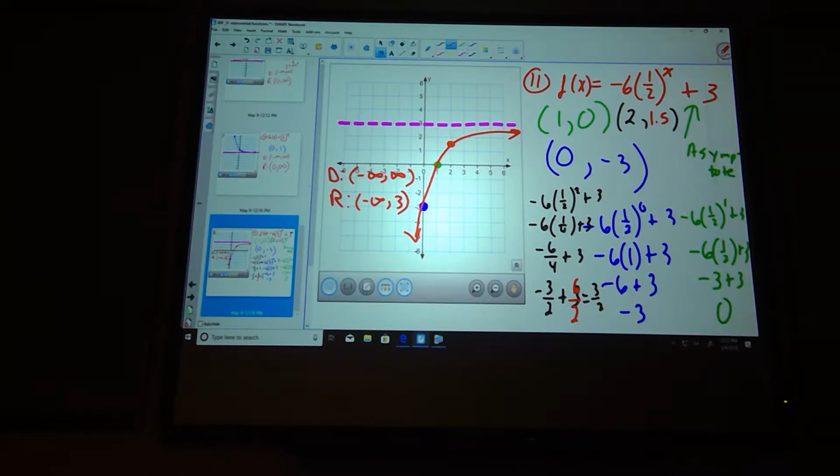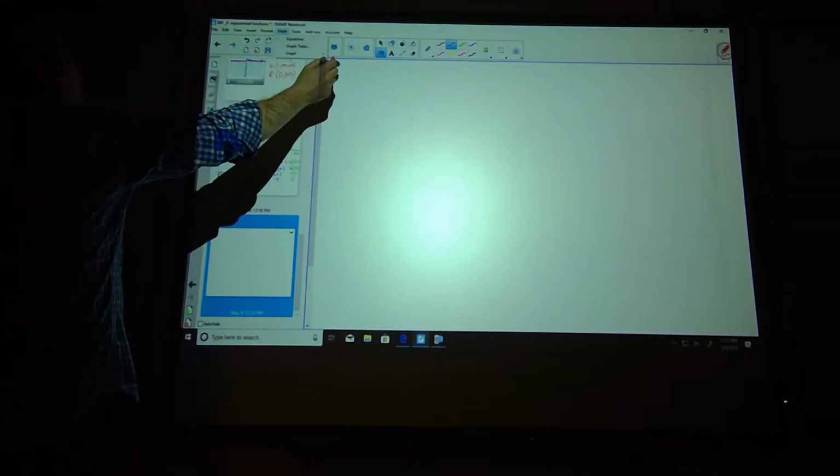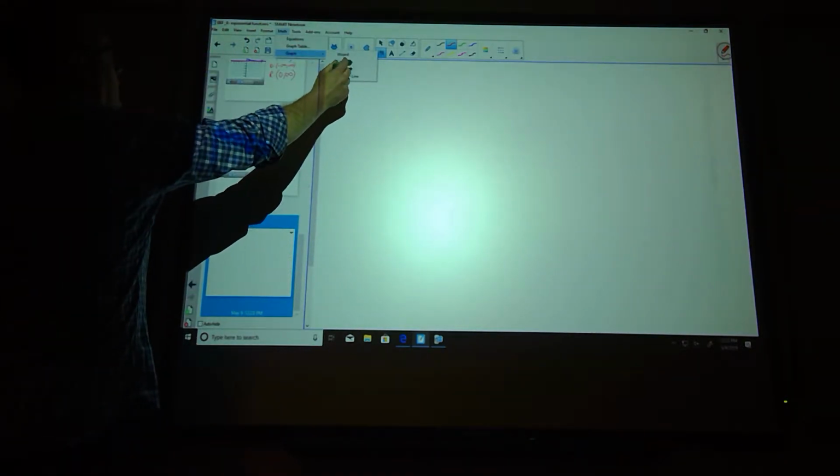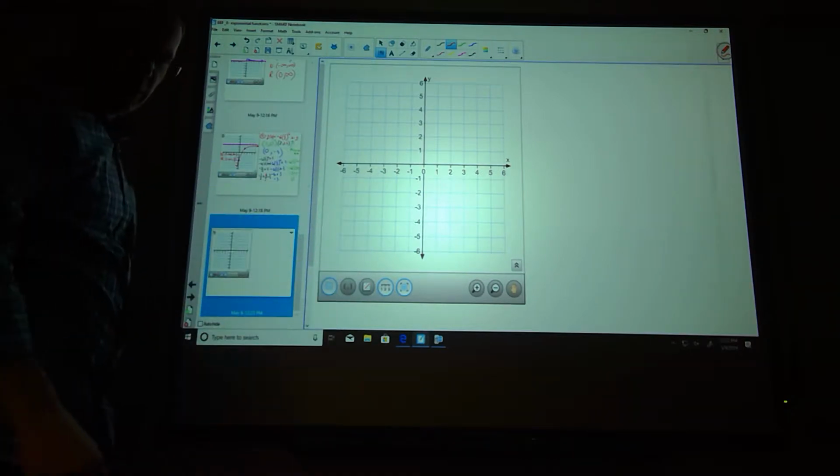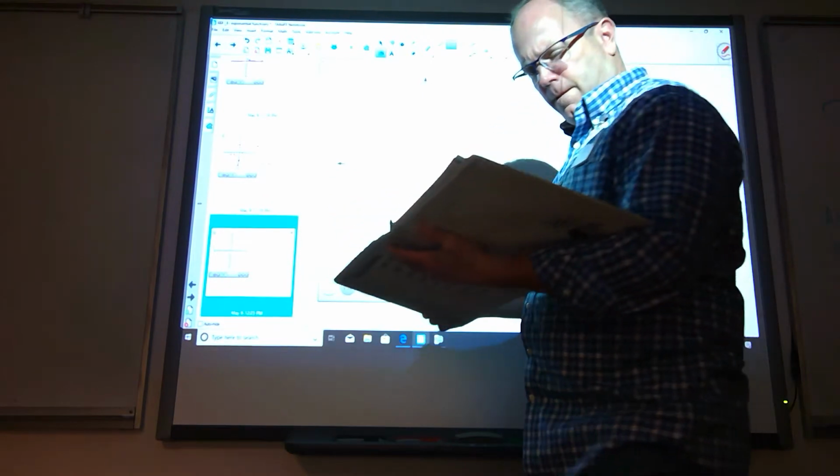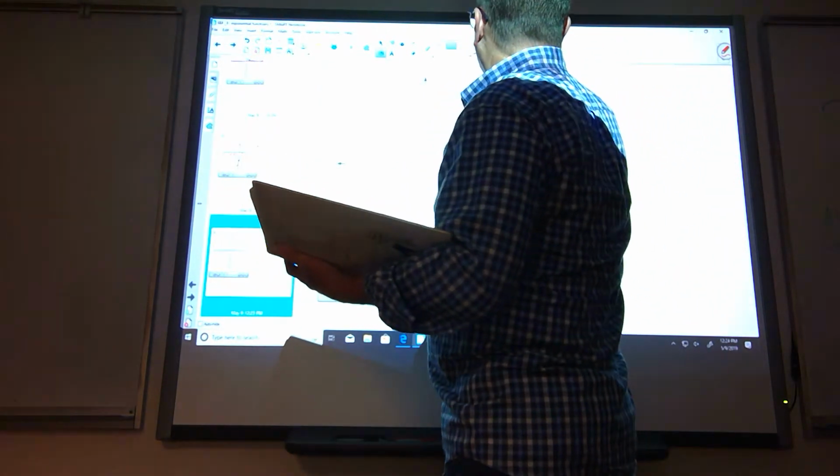Seemed good. Our graph goes from negative 6 to positive 6 on here. Or I guess on yours is negative 10 to positive 10. All right. 12, is that okay? Number 12.